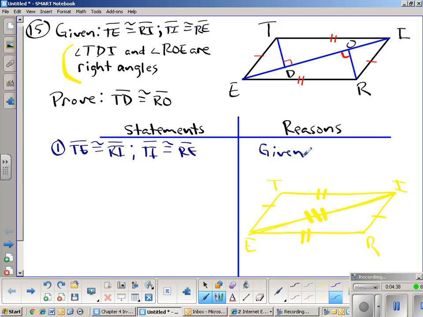Okay? My second step, I'm going to say what Hunter just said. Segment EI is congruent to segment IE because of reflexive. Okay? And so I'm ready to say now that triangle, what?